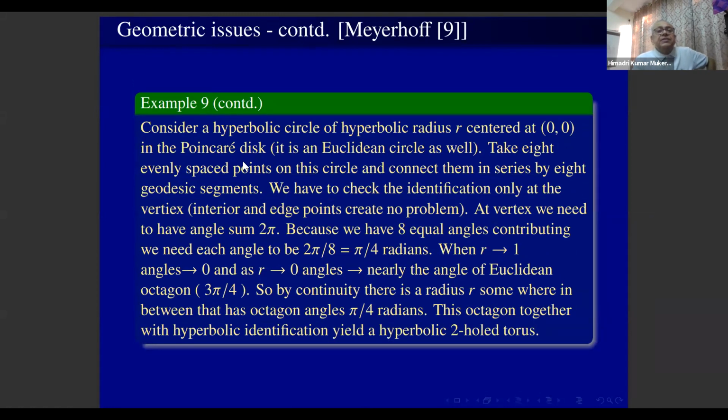So, consider the hyperbolic circle of hyperbolic radius r centered at 0, 0 in the Poincaré disk model. It is a Euclidean circle as well. Take 8 evenly spaced points on the circle and connect them in series by 8 geodesic segments. We have to check the identification only at the vertex, because interior edge points create no problem.